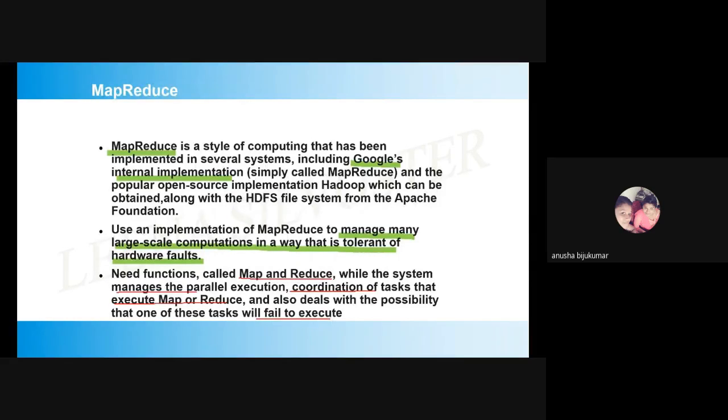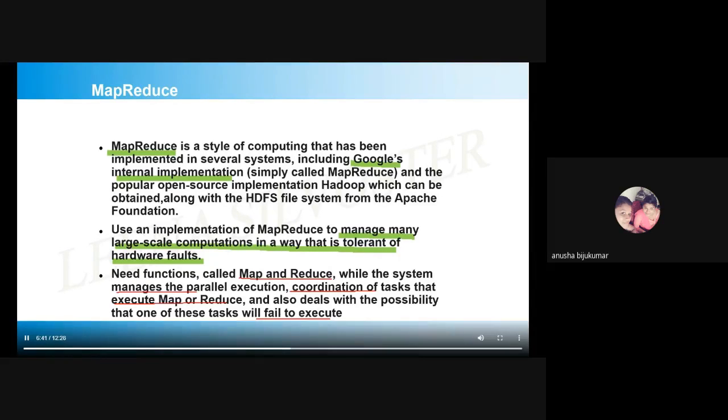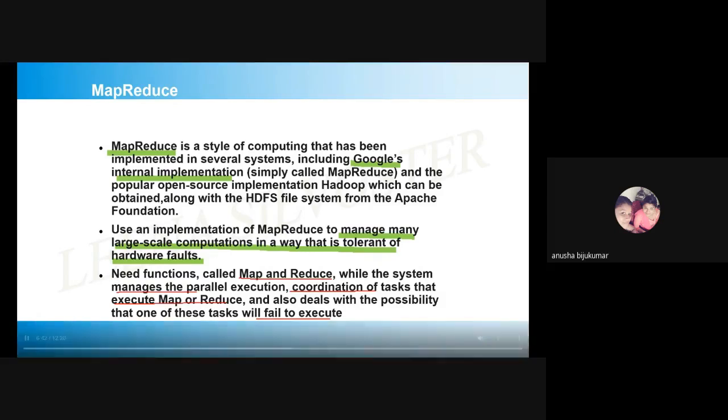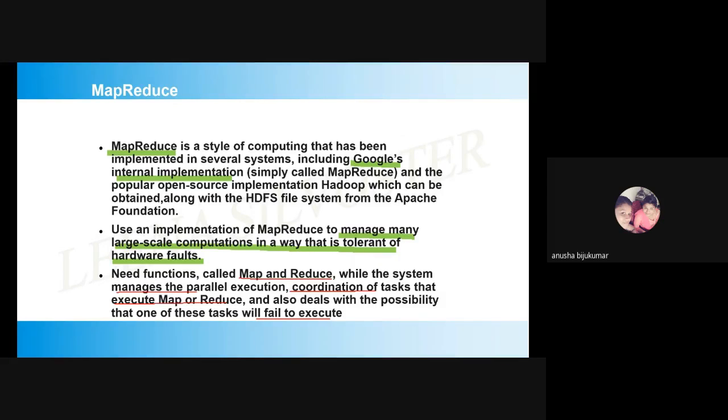This is implemented in several systems. In large-scale computation, the MapReduce implementation is used to manage the compute nodes in such a way that it is tolerant of hardware failures. It uses two functions, map and reduce.